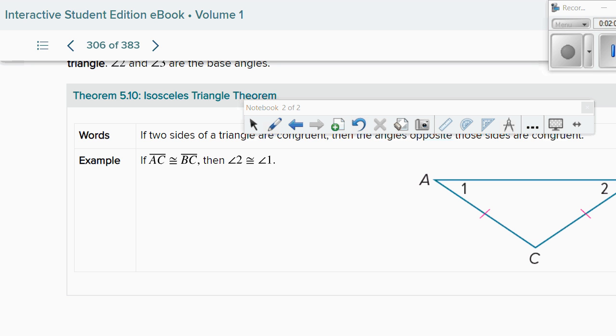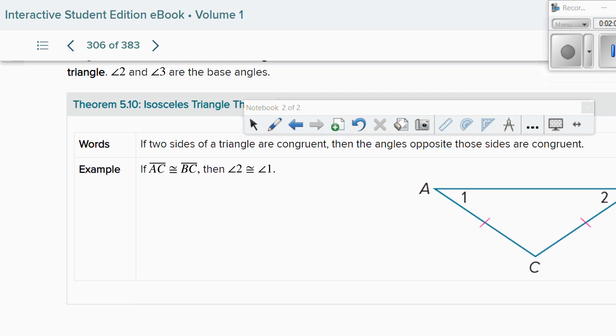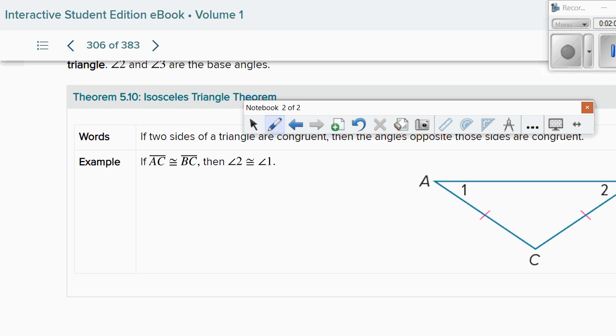They flip the triangle over, but the legs here are congruent. So therefore, the angles opposite them are going to be congruent, okay? So they're telling me here that they are congruent. They're showing it. You need to show it too, because it's not always going to be able to do that.